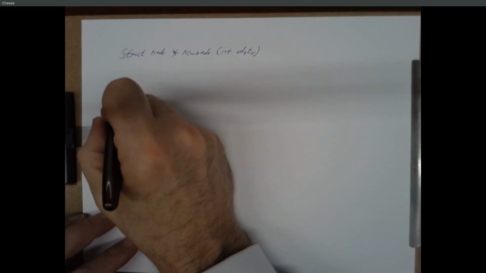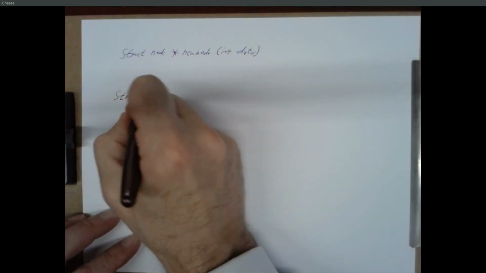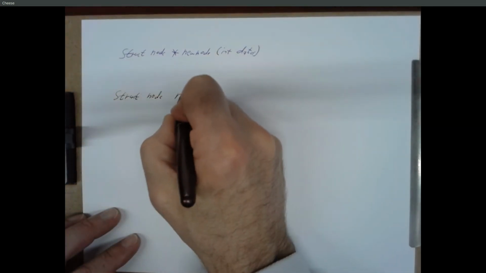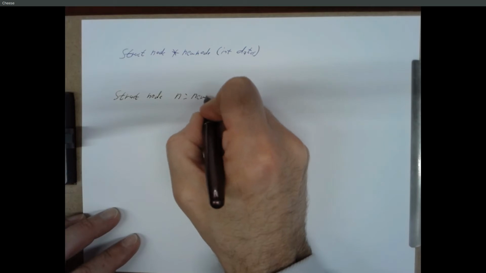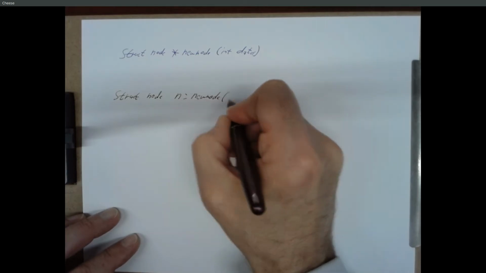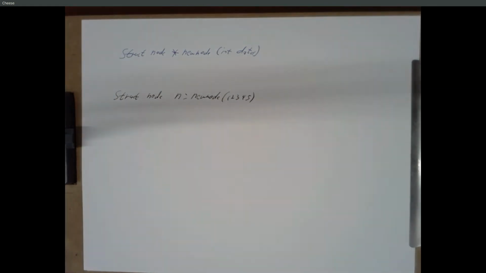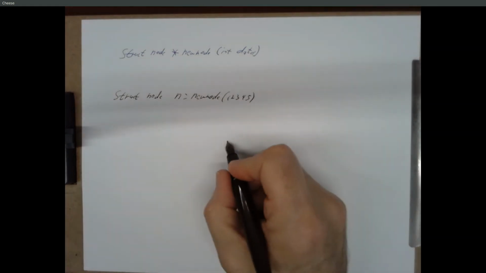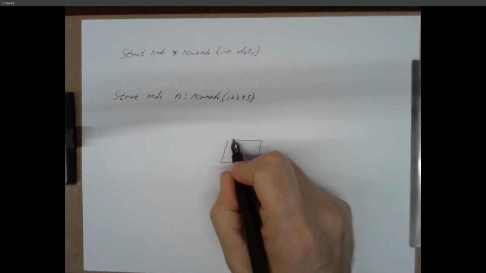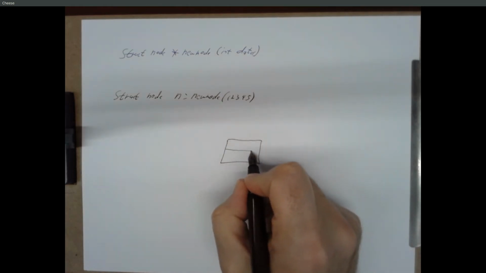So if I say something like struct node n equals new node 1, 2, 3, 4, 5, here's what new node should do. It should find a block of memory that's available. It should reserve it. It should think of it as a struct node.